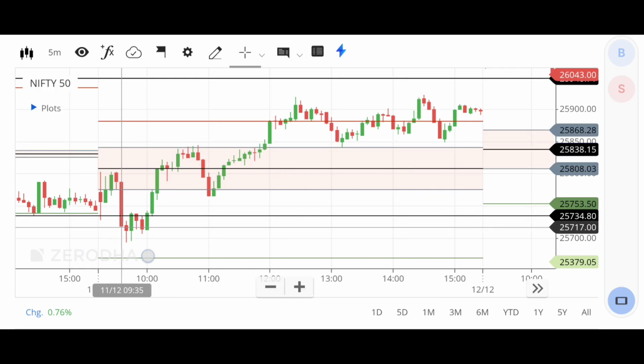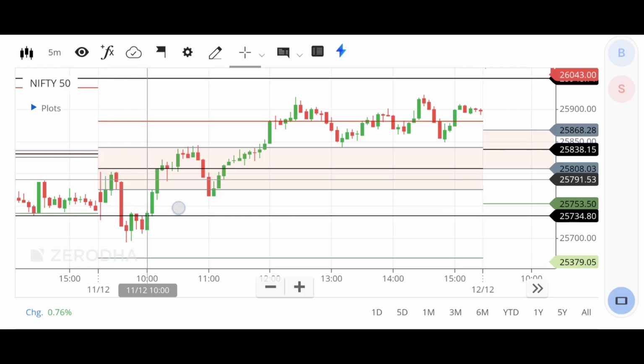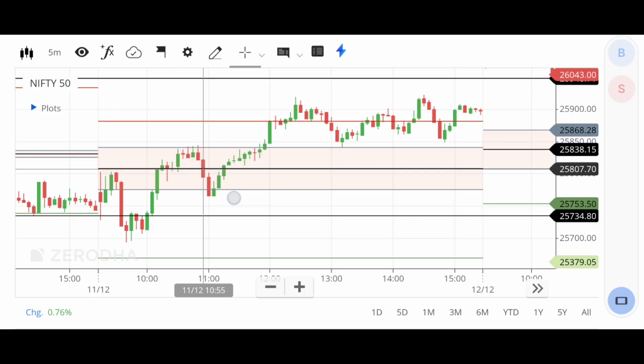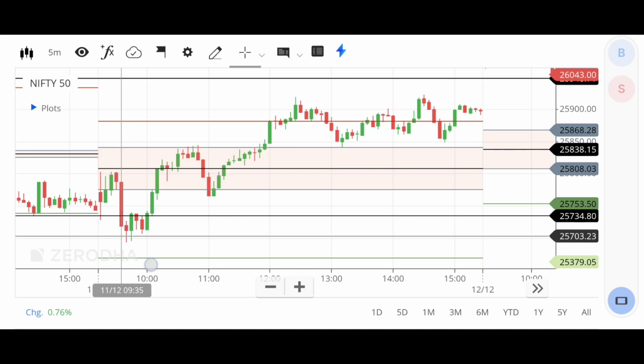So after that, taking good resistance, the market tried to get into the CPR, but it didn't reach the midpoint of the CPR in the morning session itself. So at 9:35 itself, it broke the CPR as well as the previous day low. You can see the strength of this red color.